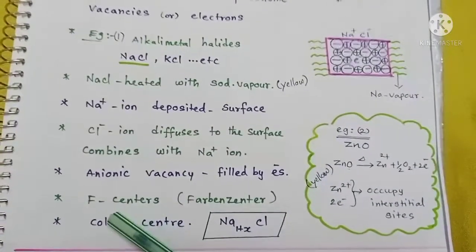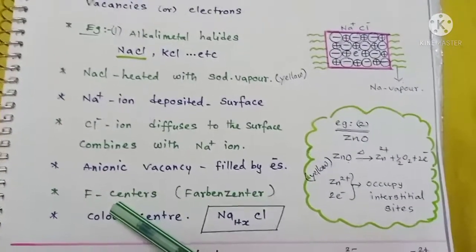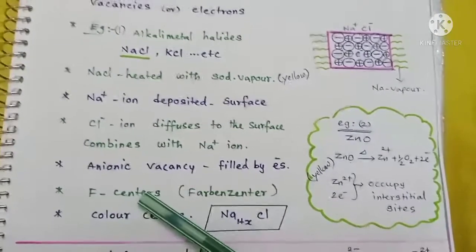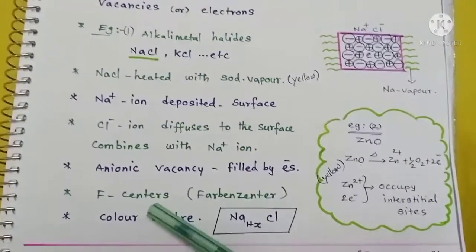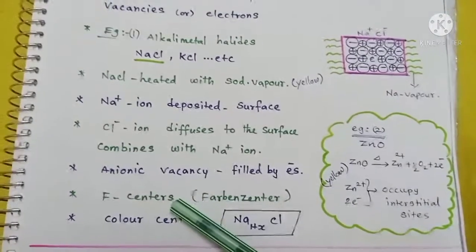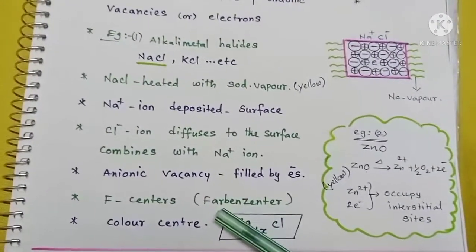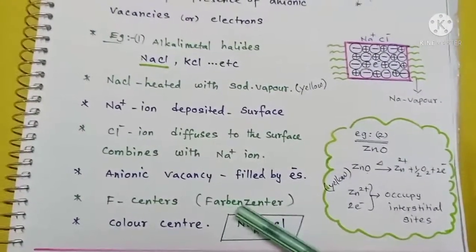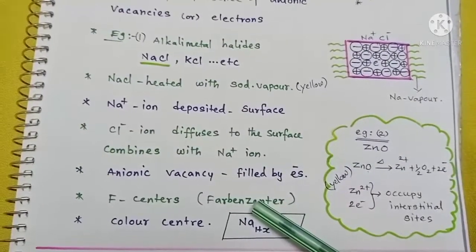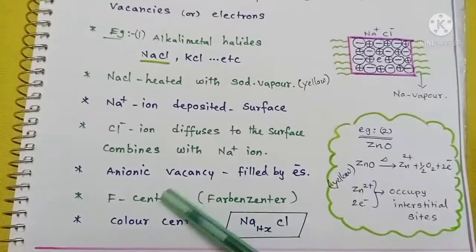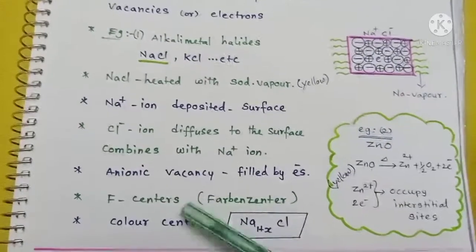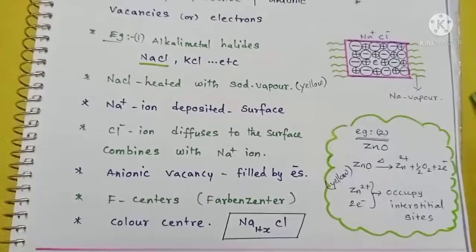The anionic vacancies which are filled by the electrons are generally called F centers, which means either Fabry center or Farben center. Farben is a German word which means color center. Because of the formation of these F centers, the colorless compound gets some color, isn't it?